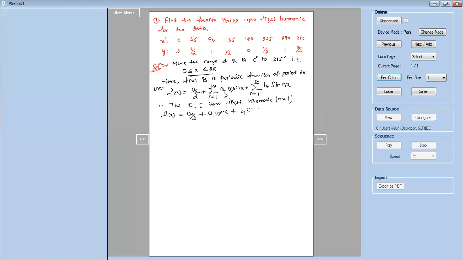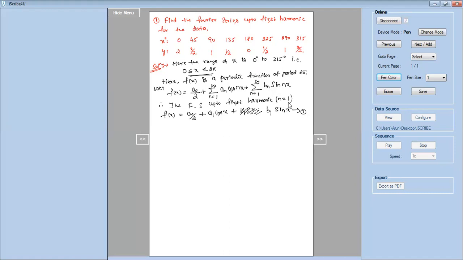So let me call this 1. This is the Fourier series up to first harmonic for this problem.